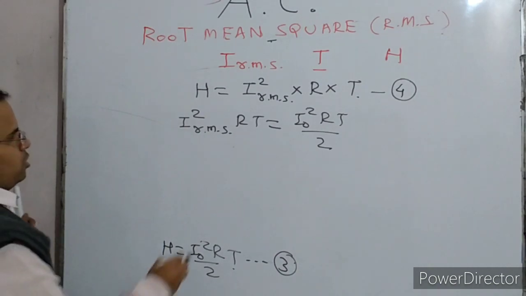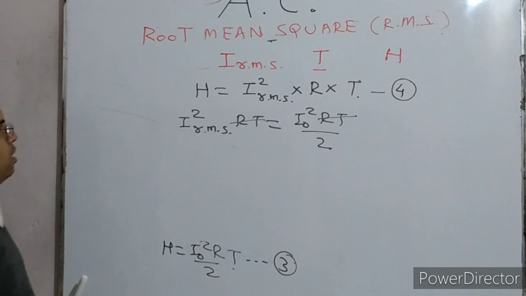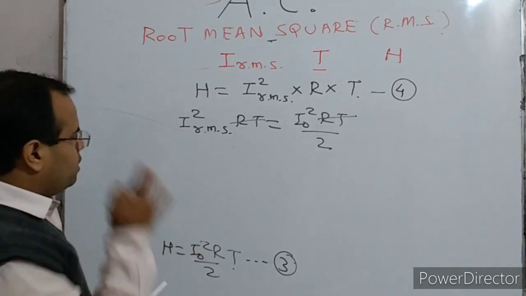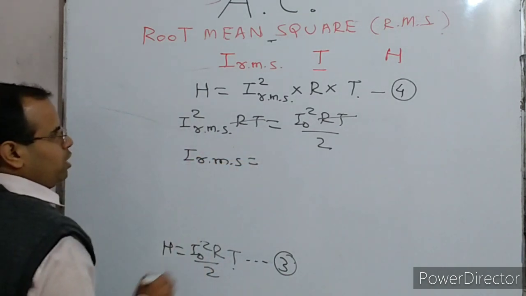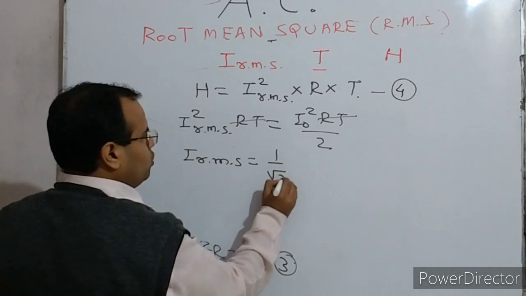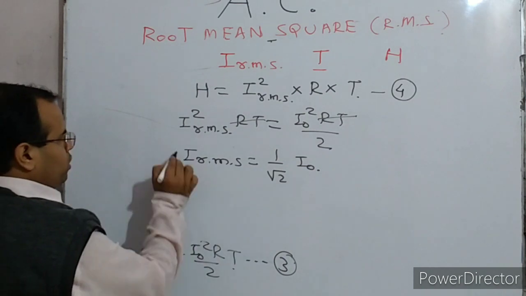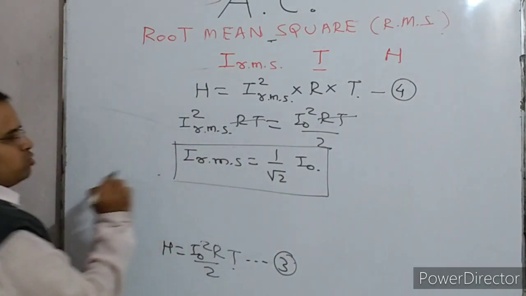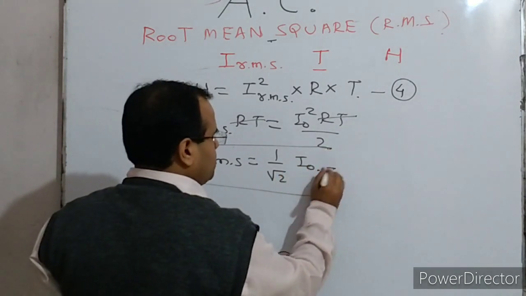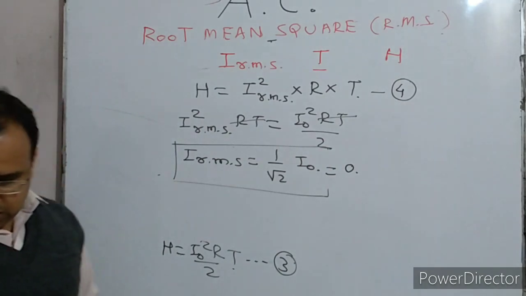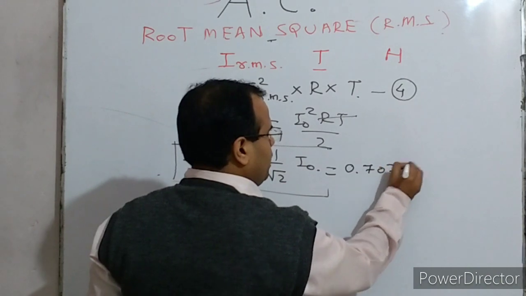Because these heats are equal, you can cancel them, and taking square root on both sides you can see that I RMS, the root mean square value, is equal to 1 upon root 2 times I naught, or this value can also be written as 0.707 times I naught.